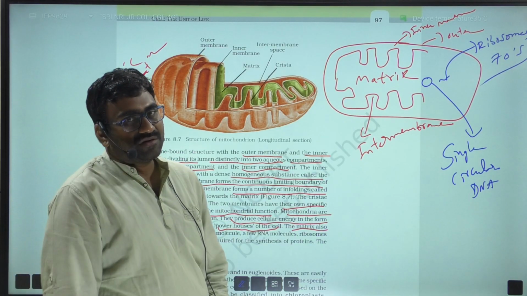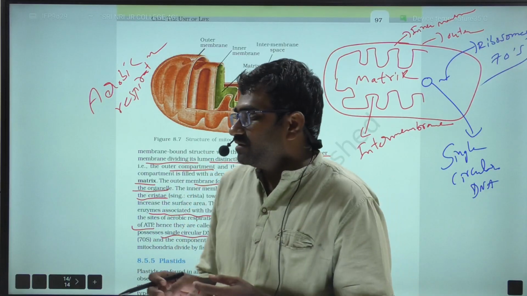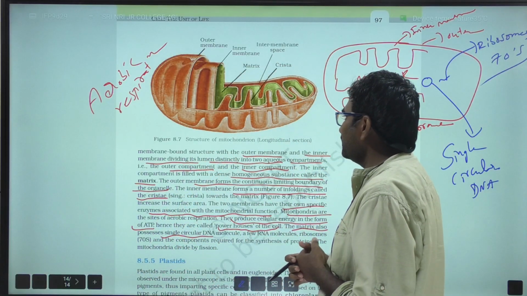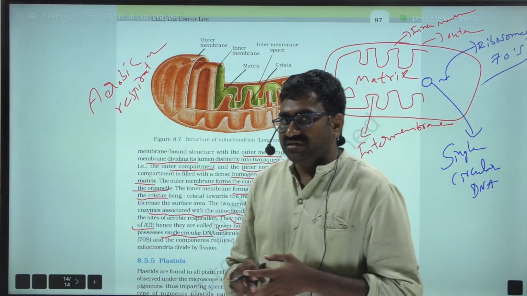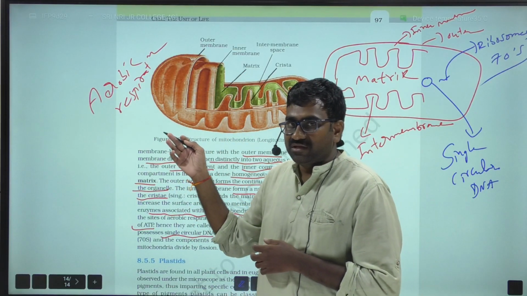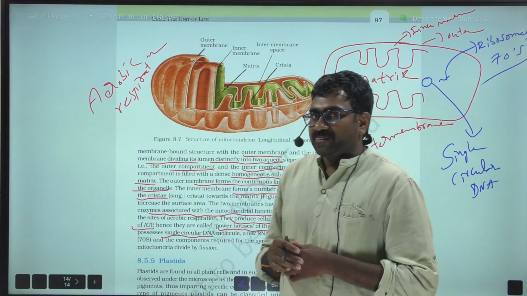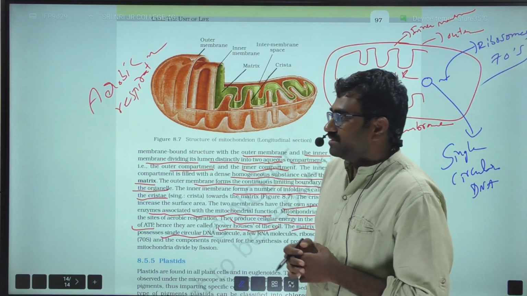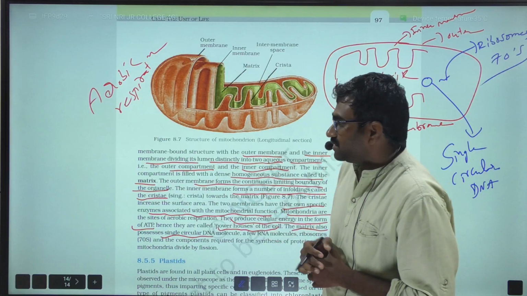Regarding the mitochondria, draw the diagram, label it neatly and write some important points: it is double membrane bound, cylindrical or sausage shaped, 0.2 to 1 micrometer in diameter and 1 to 4 micrometer in length.